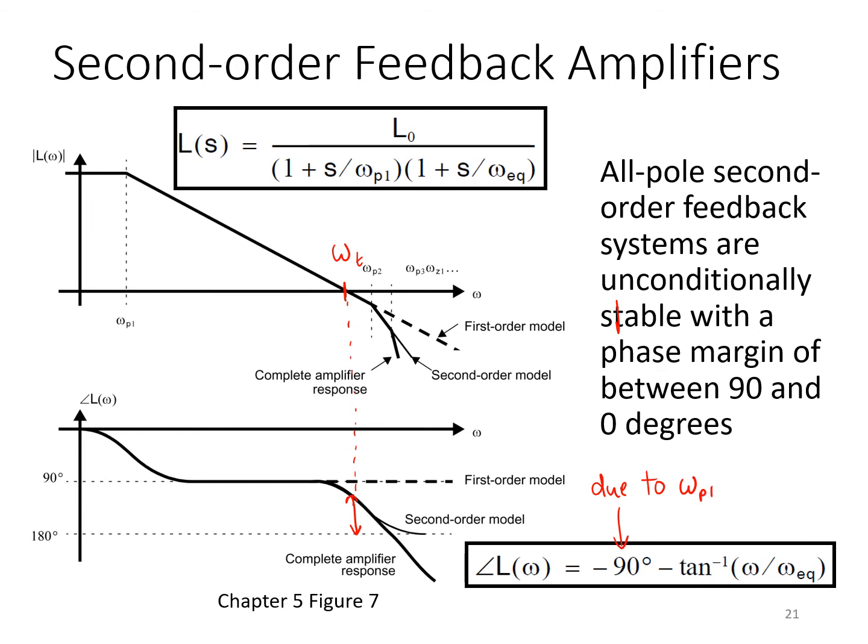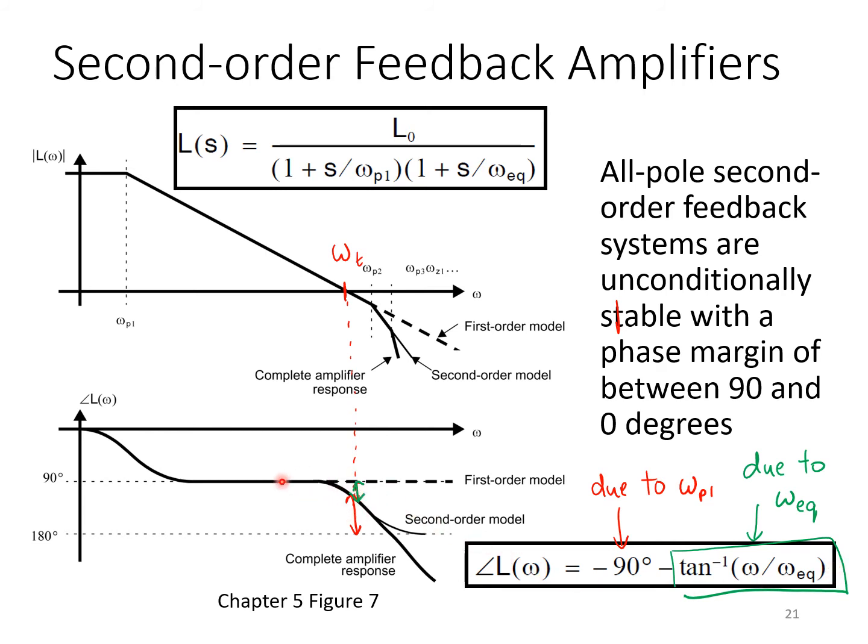And then we've got at omega T an additional phase shift here. Let's color it in green. Right, that's the term, the additional phase shift at omega T due to the equivalent pole omega EQ. So this then is the phase of L evaluated.